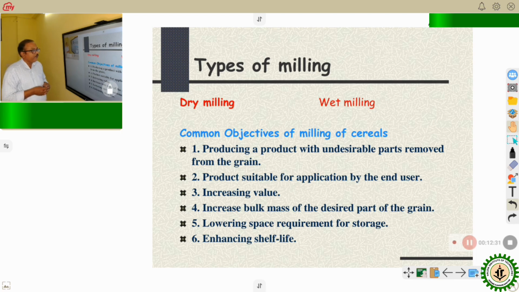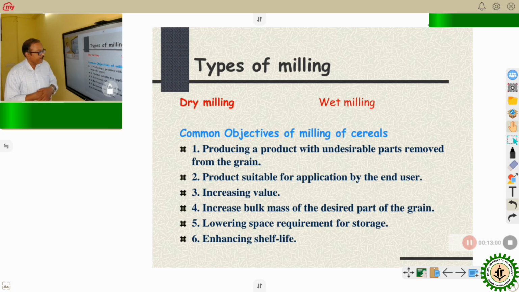Dry milling, on the other hand, produces a flour with protein and starch portions mixed together. For example, wheat flour is produced by dry milling, while corn starch and corn protein, corn gluten meal, are produced by the wet milling process.